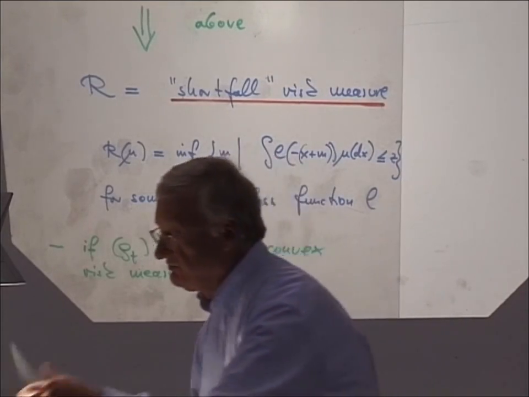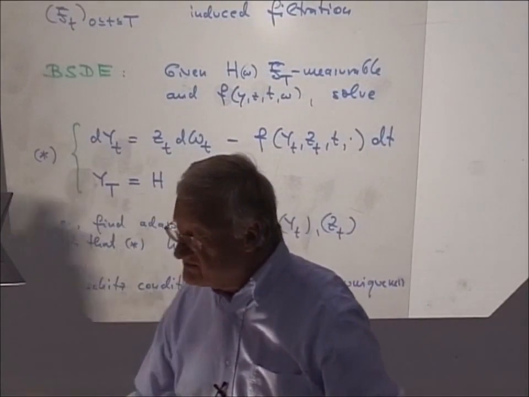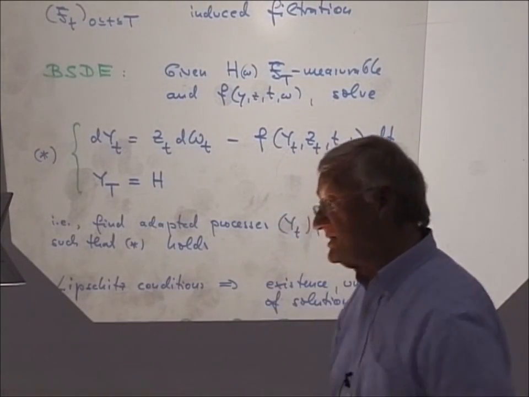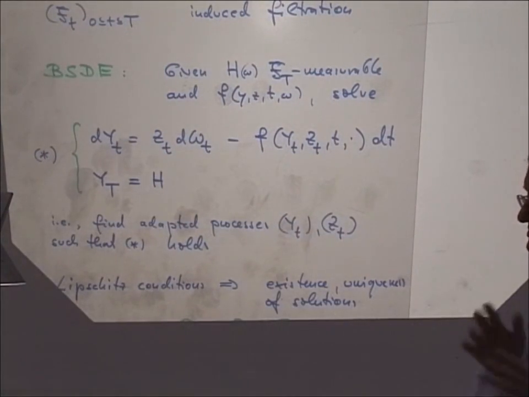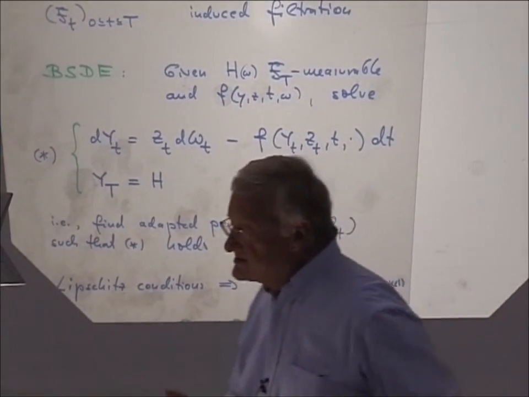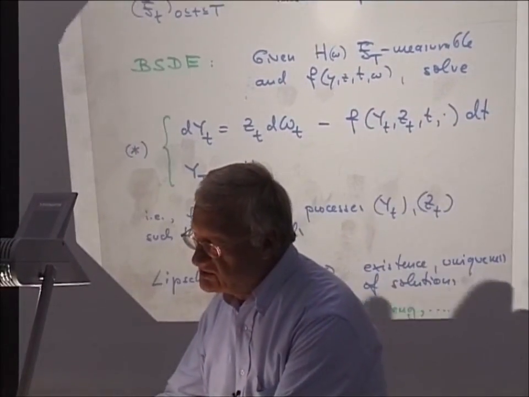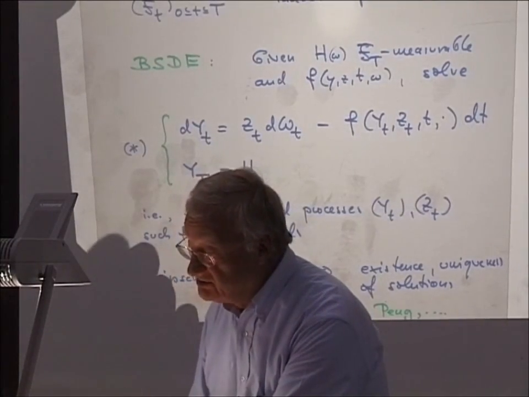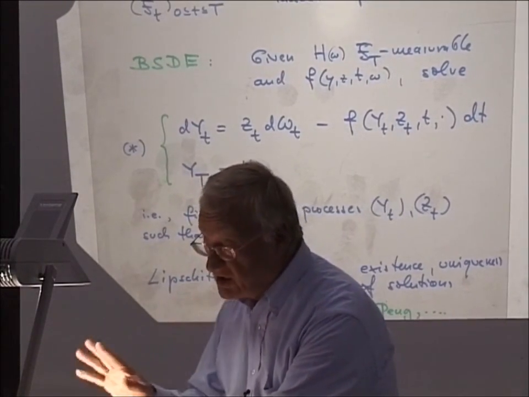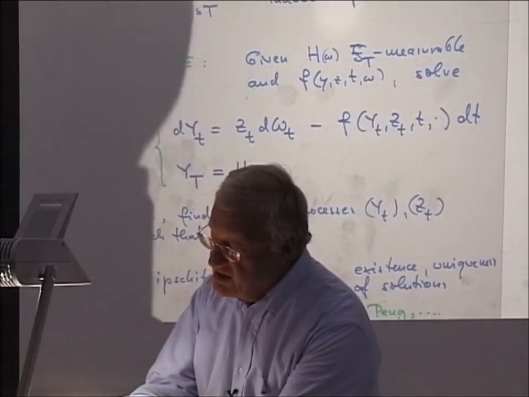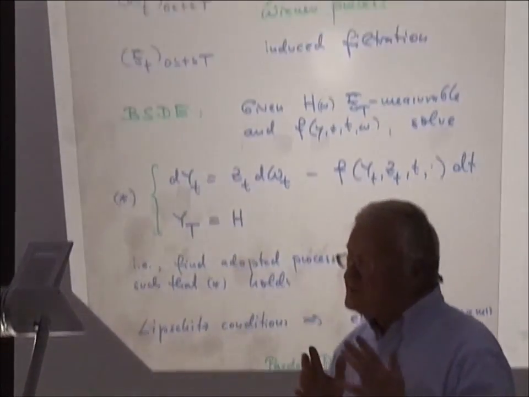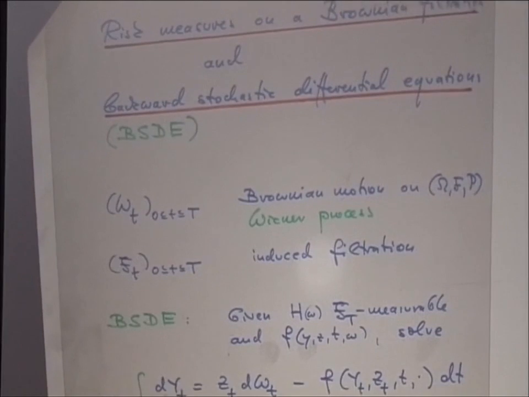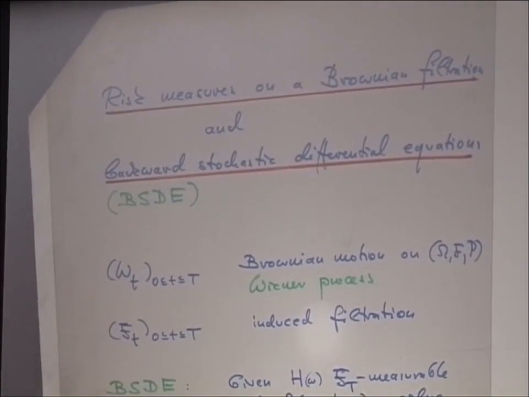Now finally, in the final minutes, I've made a point of staying very simple, just discrete time. But now let's show some connection to activities with a more analytical flavor, and in particular some nonlinear PDEs. Suppose now that we develop this story on a Brownian filtration.